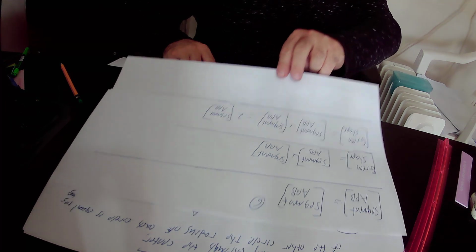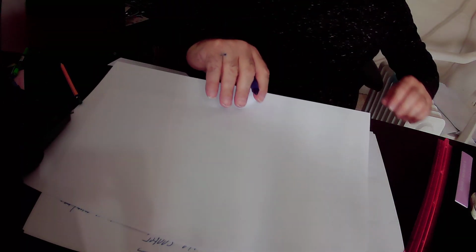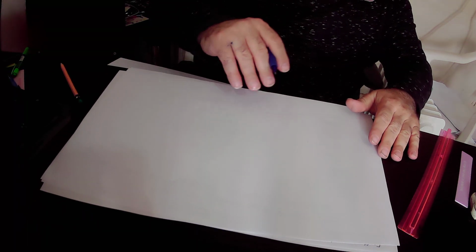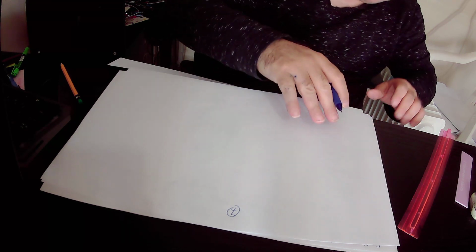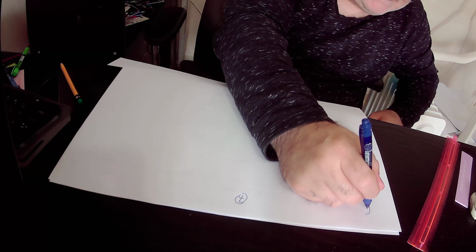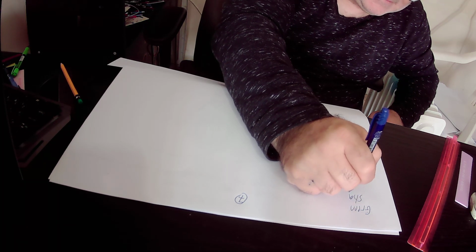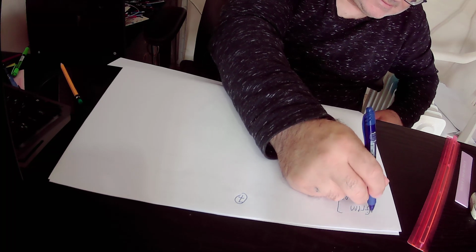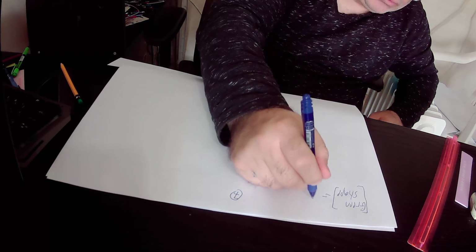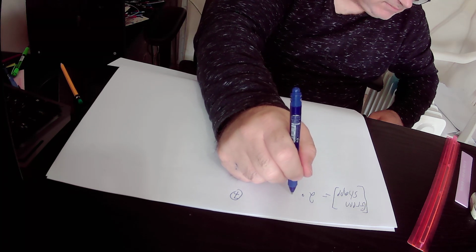Okay, so in conclusion, we found out that the area of the green shape is equal to 2 times the area of segment APB.